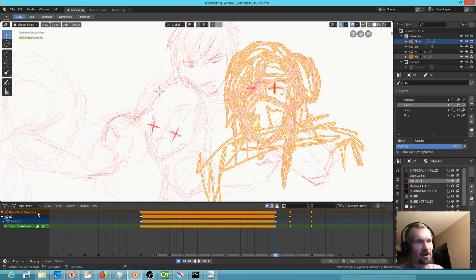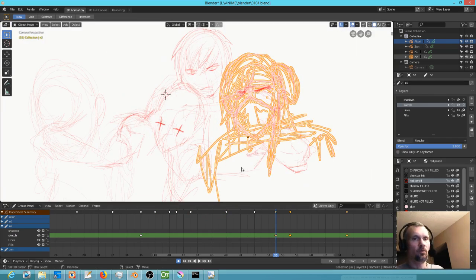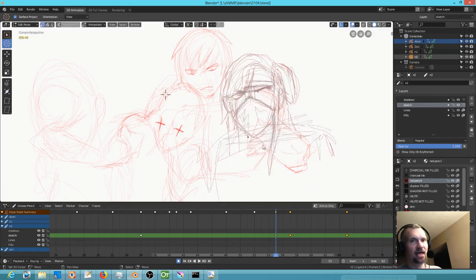Okay, so now I have to switch back to the grease pencil, grab all these keys and move them down to frame 55.